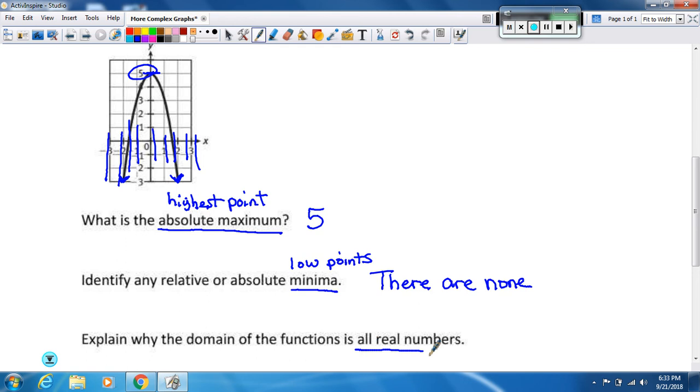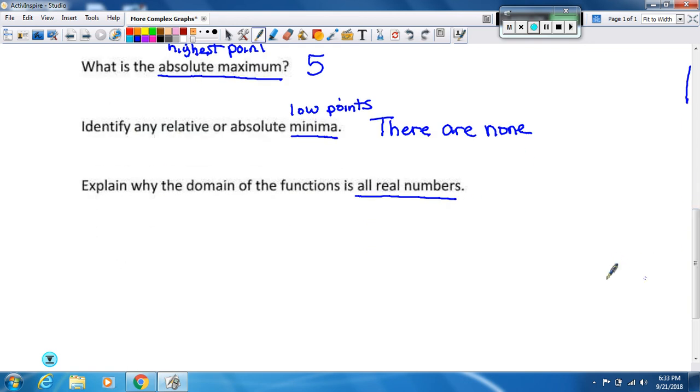So that's why it's all real numbers. So I guess one way of saying that is all values of x correspond to a point on the graph.